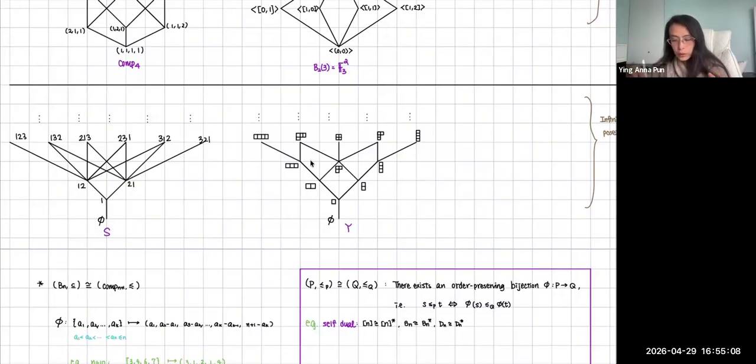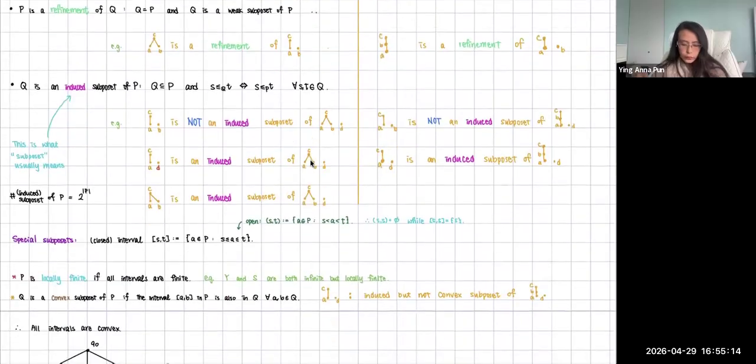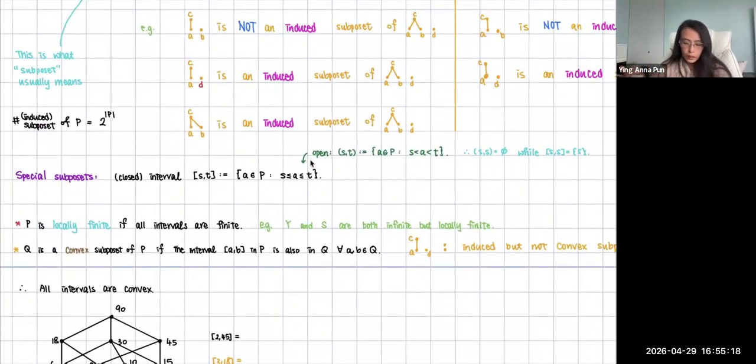So even though they're infinite posets, they are actually locally finite. Locally finite just means that all the intervals you create from the P here are also finite.